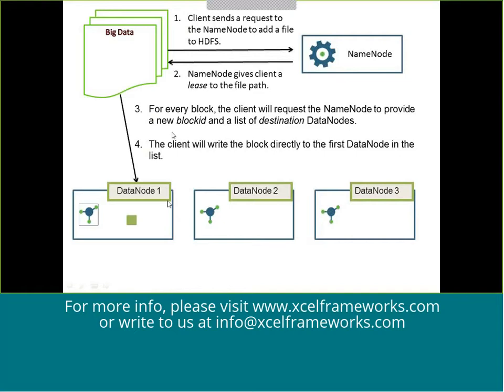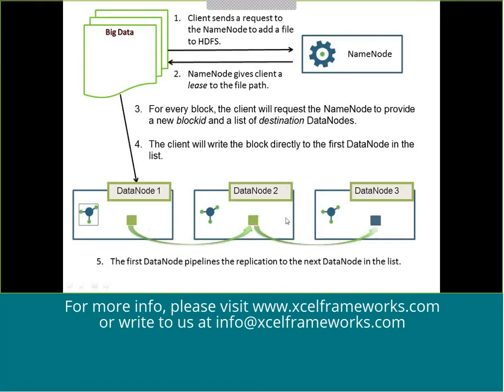Now, as the first block is written to the first data node, it will contact the second data node in the queue and say, get ready to accept the block. Once the data block is completely written here, it will go and write into the second data node. Now your 2x replication is met.